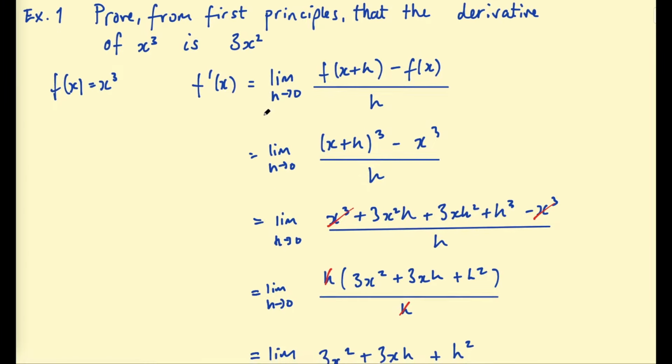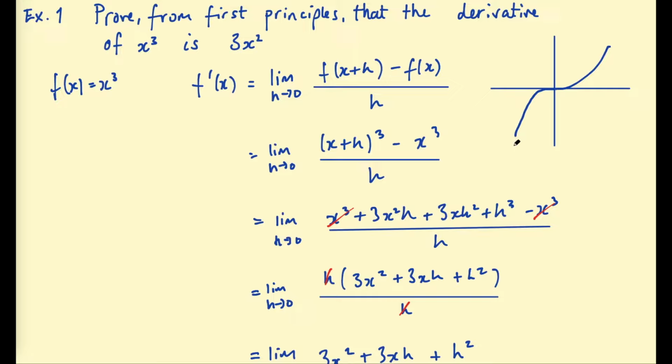So I want to just give a brief example of what this means again, in case you've forgotten from that first video. The derivative is the gradient of the function. So if we think about x cubed in terms of its graph, let's draw a quick graph here. It doesn't have to be perfect. So let's say x cubed looks something like that.